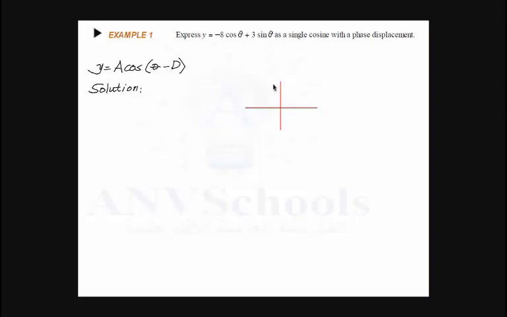So what are the steps? First, we have to draw a triangle enunciating our sine and cosine. The coefficient of our cosine is negative 8, and our sine is positive. So we have coefficients U is negative 8 and V is 3, meaning that the point being defined here is negative 8, 3.